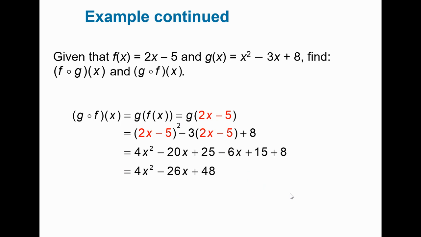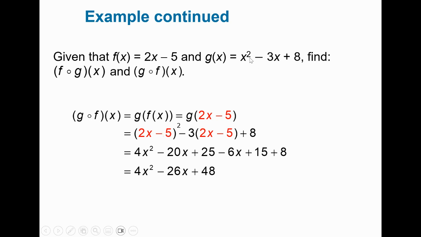All right, now we're asked to find the opposite, g of f of x. So g of f of x, where I see x in my g function, I am now substituting f of x. So there's my g function. In place of x, I'm going to substitute in the f function, 2x minus 5. So I'm going to square it, multiply it by minus 3, and then add 8.